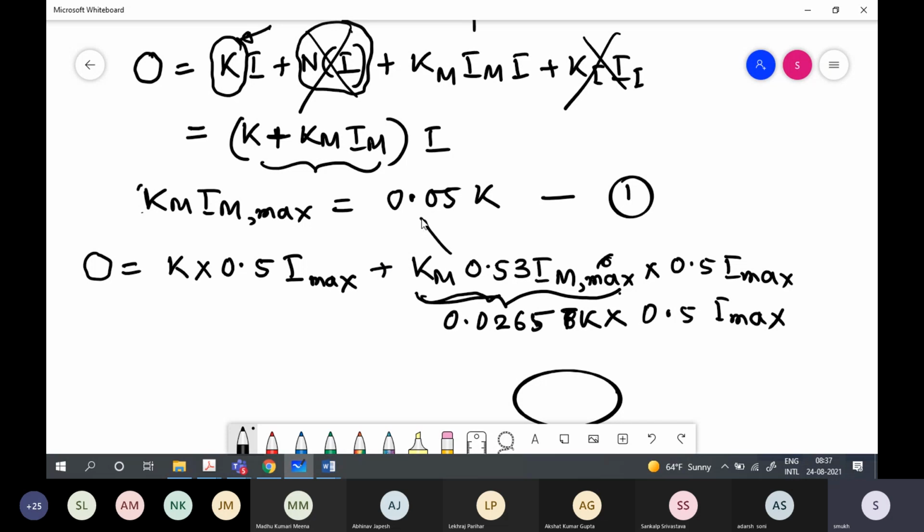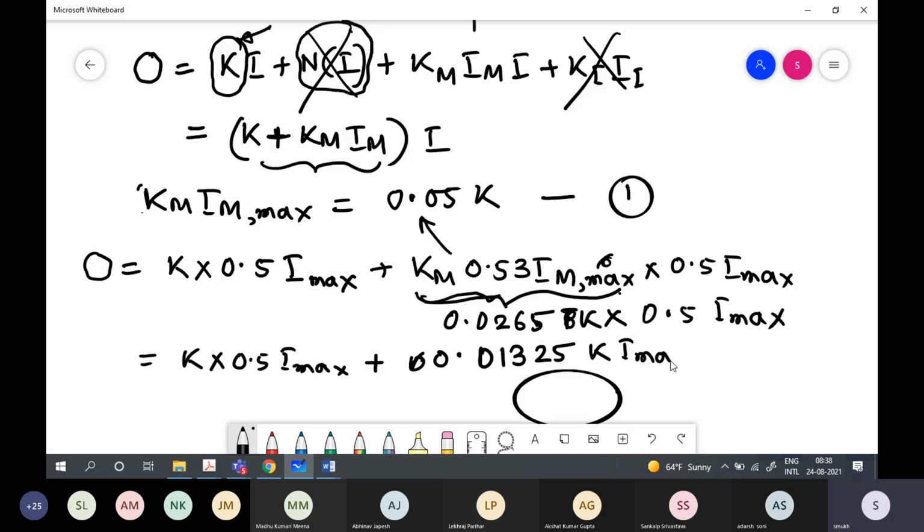I just multiplied 0.05 by 0.53. So it is K into 0.5 I max plus 0.5 into 0.0265, which is 0.01325. That's good, K times I max.